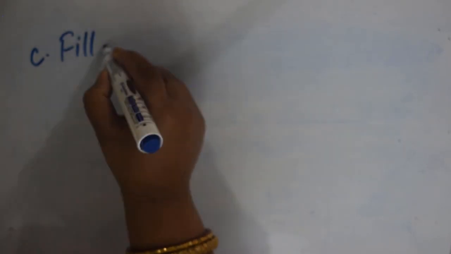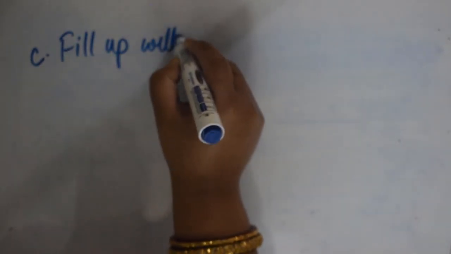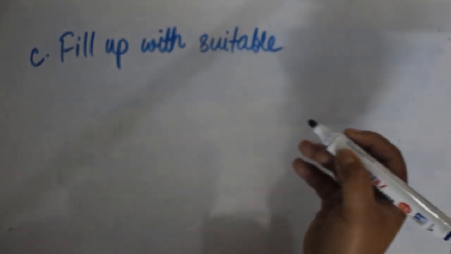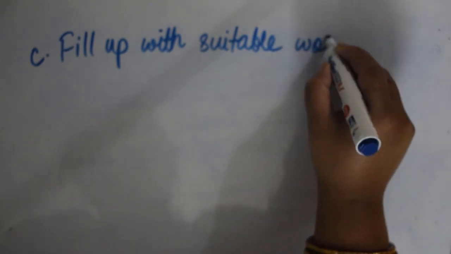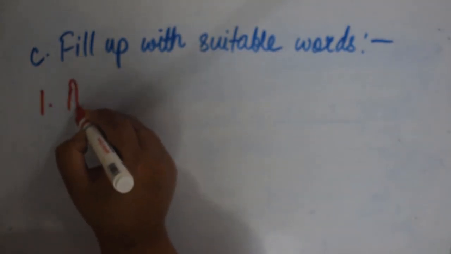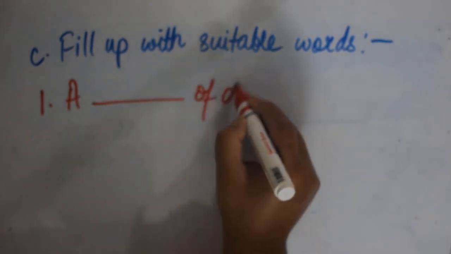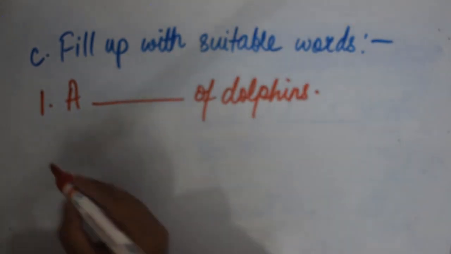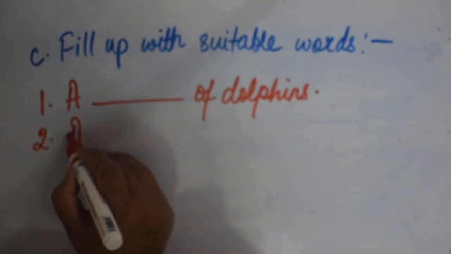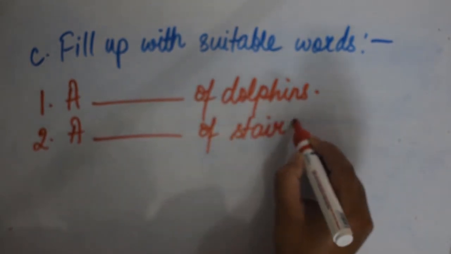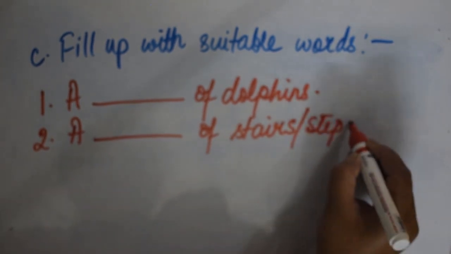It was like, fill up with suitable or correct words, right? A dash of dolphins. A dash of stairs or steps I had mentioned.